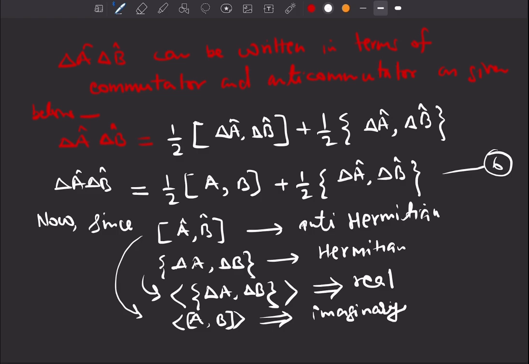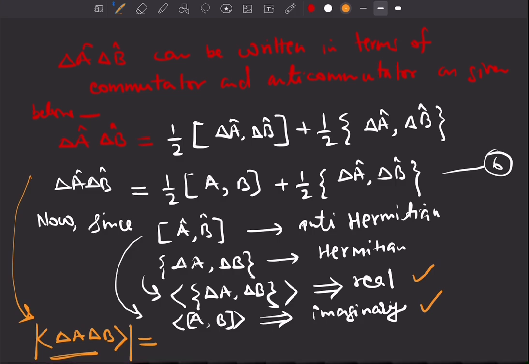Now we will find the expectation value of 6. So the expectation value of this is the sum of the real part of this and the imaginary part of this.